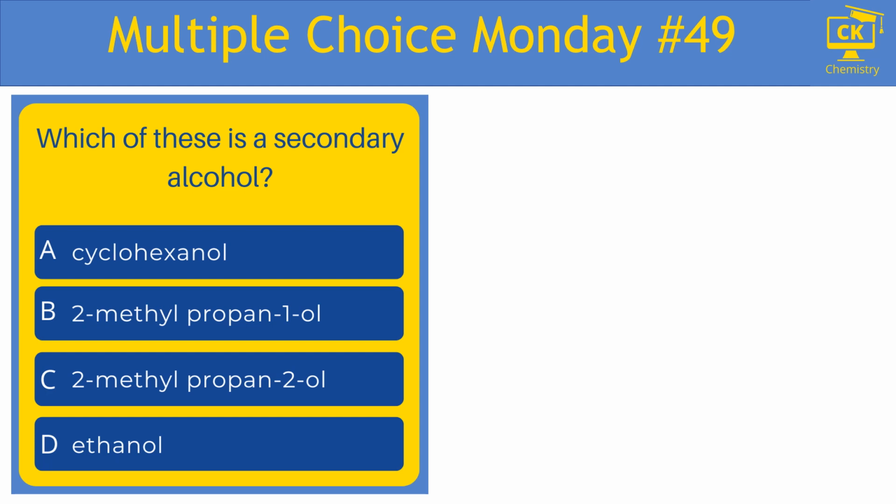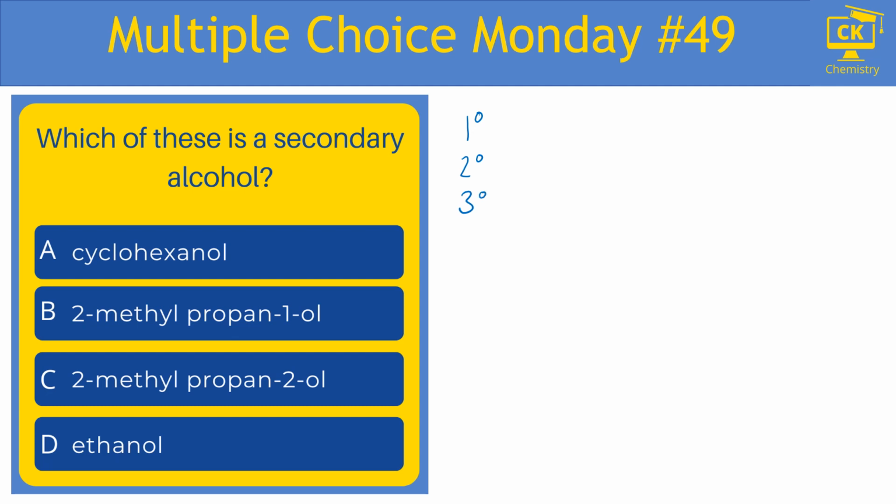So this week's multiple choice Monday is about organic chemistry, particularly the classification of alcohols into primary, secondary and tertiary. You can write this like this, the shorthand for primary, secondary and tertiary.